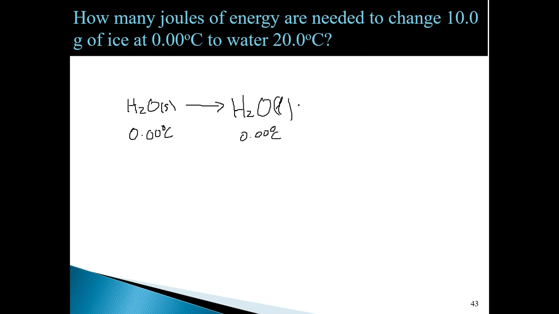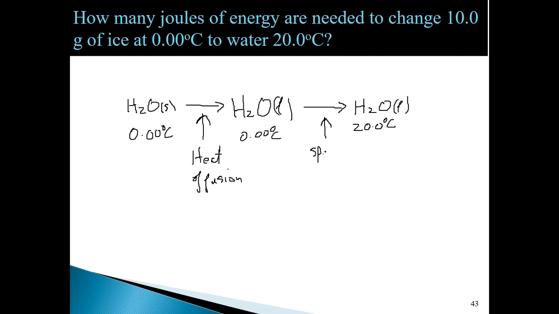All right, and this is where the heat of fusion comes in. Then we look at the process of heating water from H2O liquid at 0 degrees Celsius to H2O liquid at 20.0 degrees Celsius. And at this point here, the specific heat of water will be involved in this calculation.